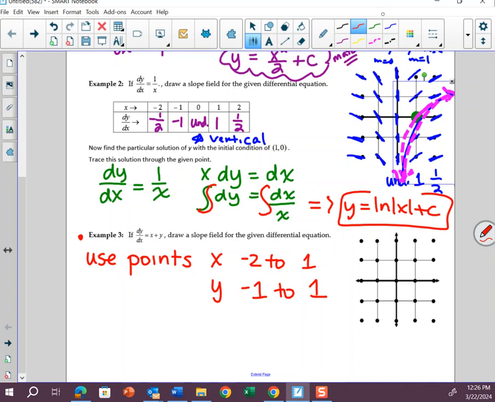So we've got this whole grid here, but we'll just focus on that one little section, those 12 points, sketching what would happen with the slope field through those 12 points. Okay.